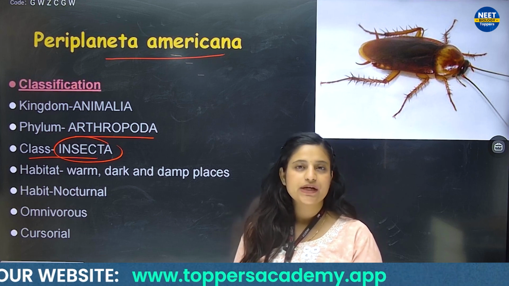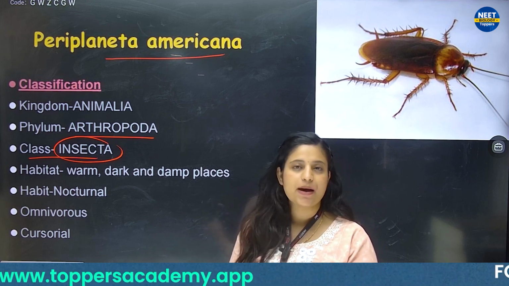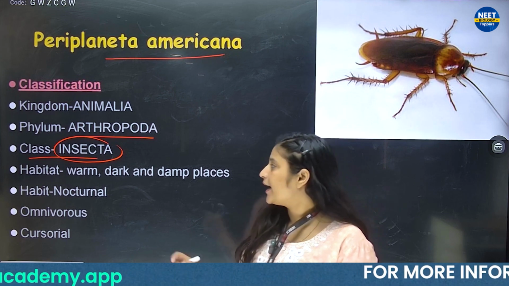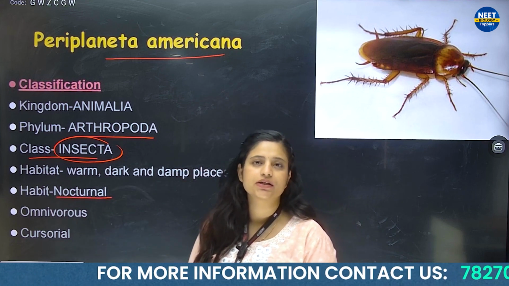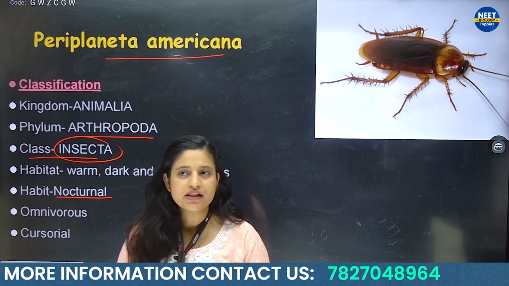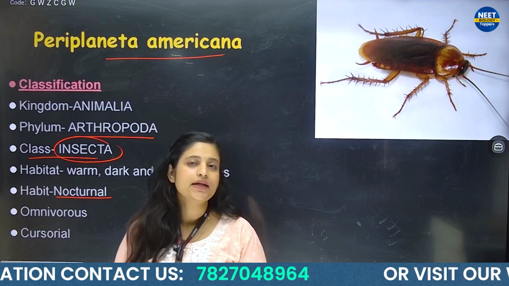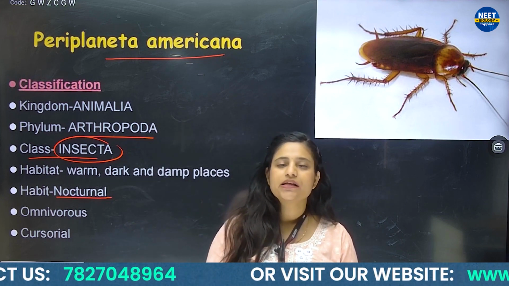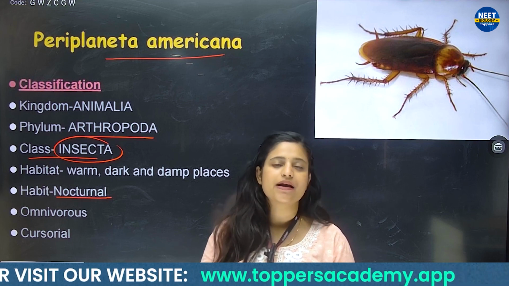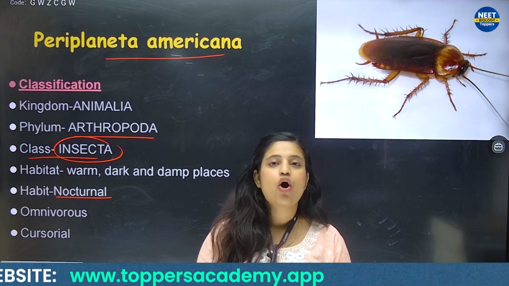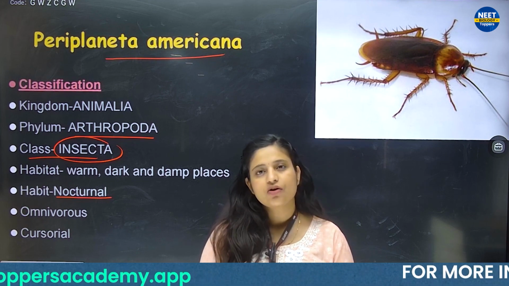That's why if you notice, cockroaches are found more near the sink area, okay? And also their habit is nocturnal. Nocturnal means those who are active during the night time. Generally if you notice, you will see cockroaches less in daylight as compared to the night. At night, cockroaches are more active because they are nocturnal animals.